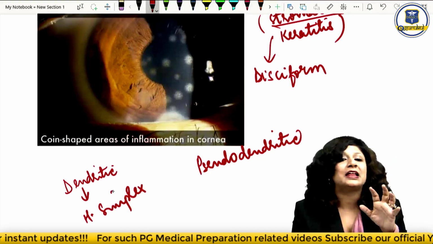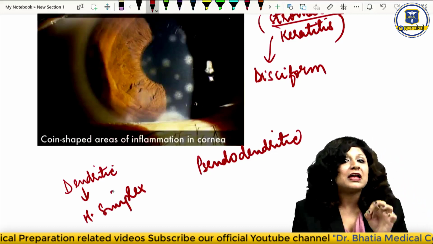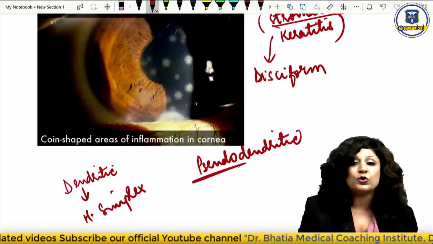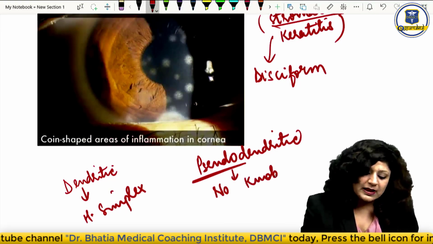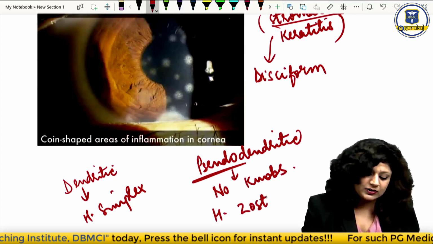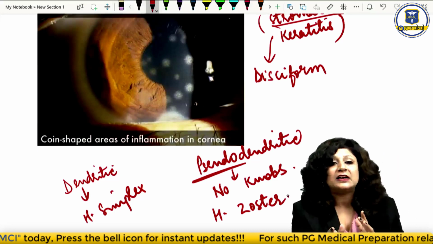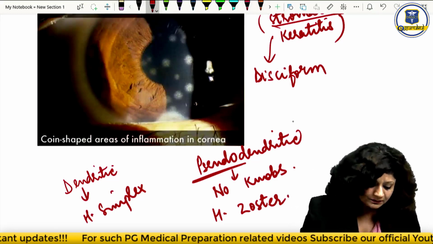We do not get the dendritic pattern in any other place. If you are getting this dendritic pattern in herpes zoster, then it is pseudo-dendritic. Pseudo-dendritic means no knobs, and these no-knob patterns are present in herpes zoster. So now I think it's very clear when you have dendritic and when you have the pseudo-dendritic pattern.